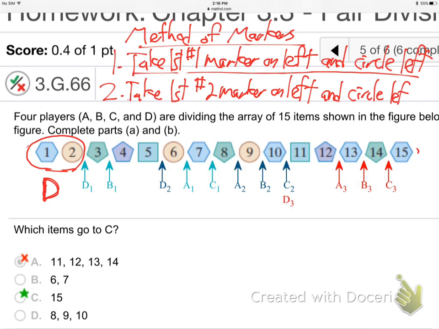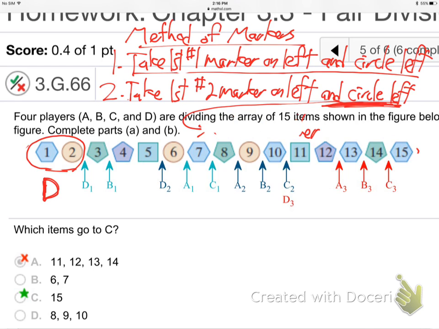circle left only. Here's the part that fools people. Only, I don't have room to write that here. Circle left only to the same letter, to that letter's other marker.